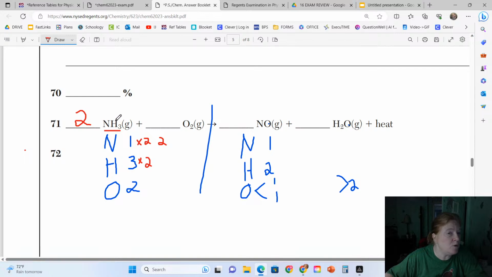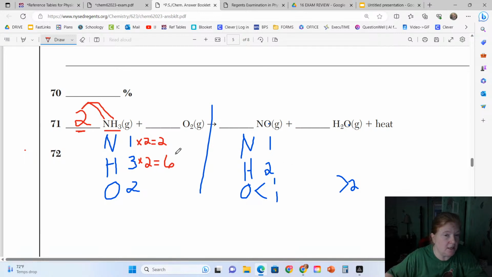So my chemical formula of NH3 only has 1 nitrogen, so I have to now multiply it by the coefficient. But that coefficient has to get distributed to everything in the formula. So this would be 6, right? 3 times 2, right?